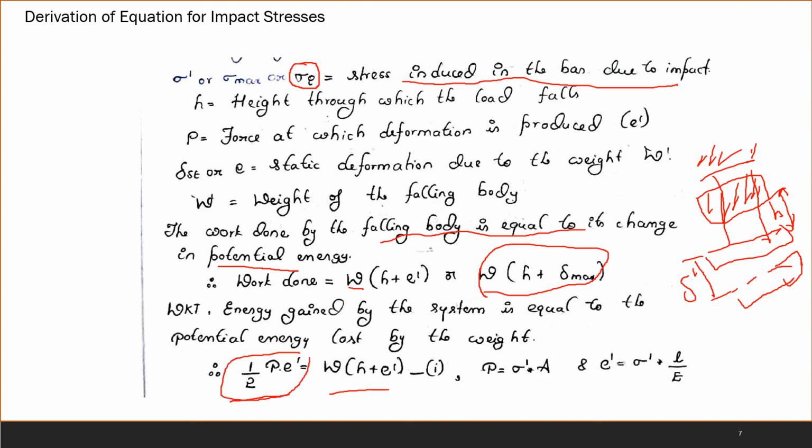Now this is again similar to what we have seen in the previous figure, strain energy. If I draw a graph between load and deflection, the energy gained by the system is half into P into delta dash, and the energy with which the load hits the body is W into h plus delta dash.